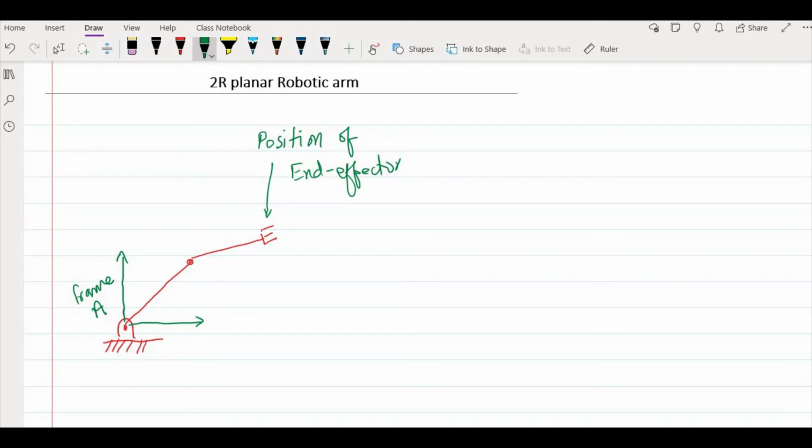So we can attach here a body fixed frame like this. Let's call it frame C, and then we can attach here one more frame.